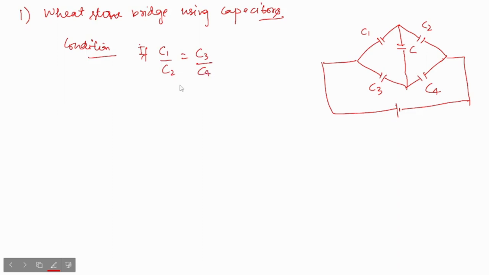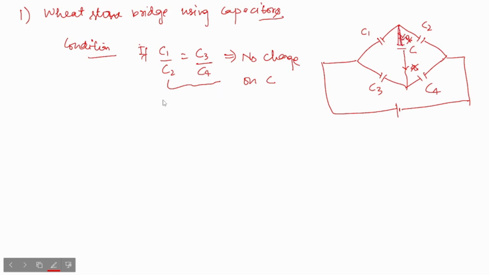If this situation is there, then no charge on C, means there will not be any charge flowing through it. Or if you replace this capacitor with resistance, that means here R1, here R2, here R3, here R4, and if R1 by R2 is equal to R3 by R4, then no current will be flowing through this circuit.